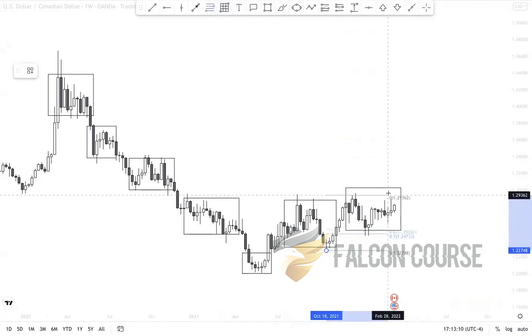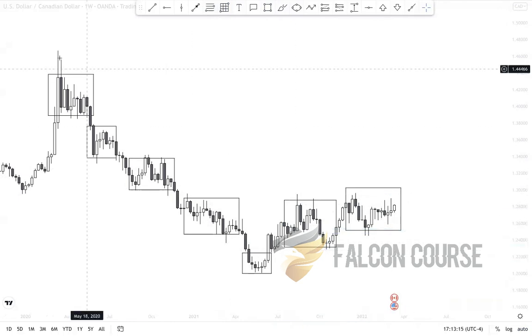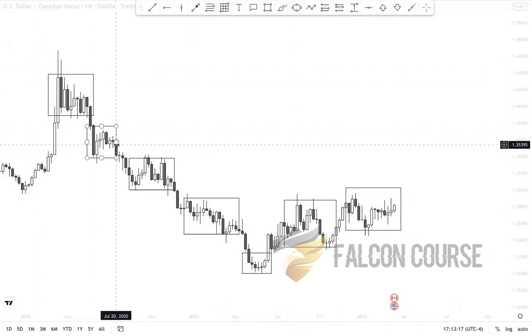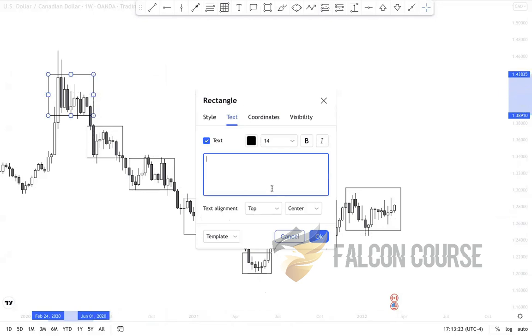And now that this is happening, see that? So now that this is happening, I'm pretty confident this is looking like a market maker buy model. So let me just take my time to mark this up.